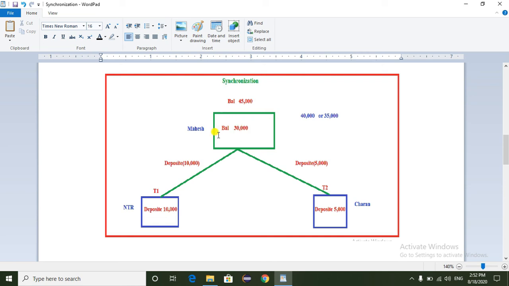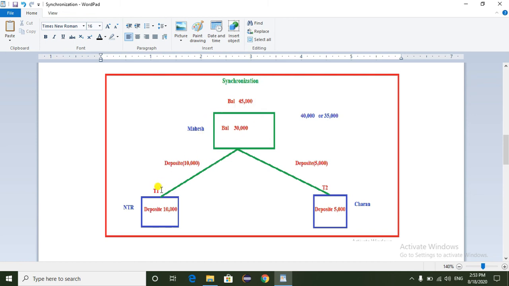If we apply synchronization in this scenario, like applying it to the deposit method, then whenever T1 is trying to deposit 10,000 into the Mahesh account, the shared resource is locked. At that time thread T2 also starts to deposit, but the shared resource is locked, so thread T2 goes into the waiting state until thread T1 is completed.